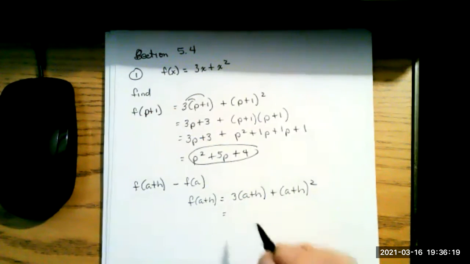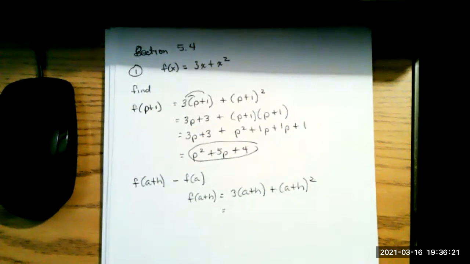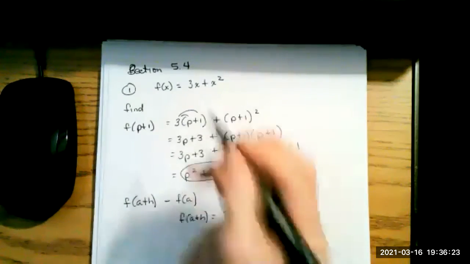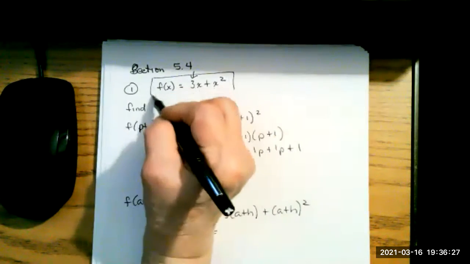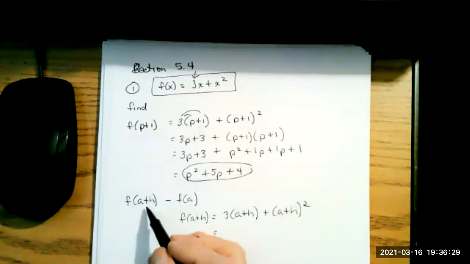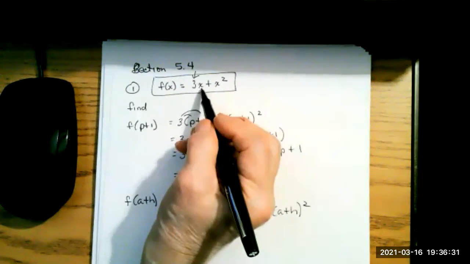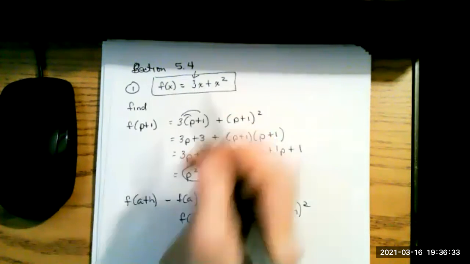You might have already answered this, but where does that 3 come from? Came from right here. We're still substituting this a plus h in that x right there, and in that x squared.